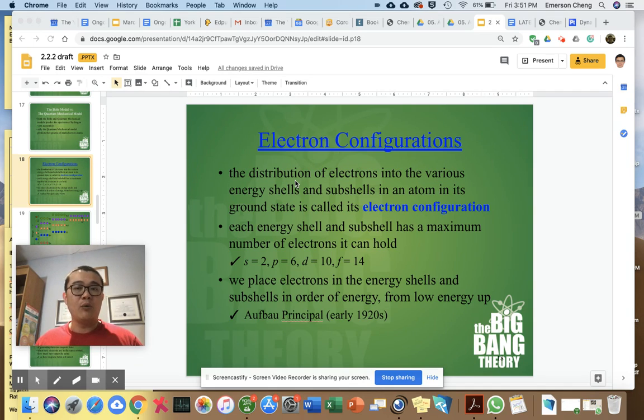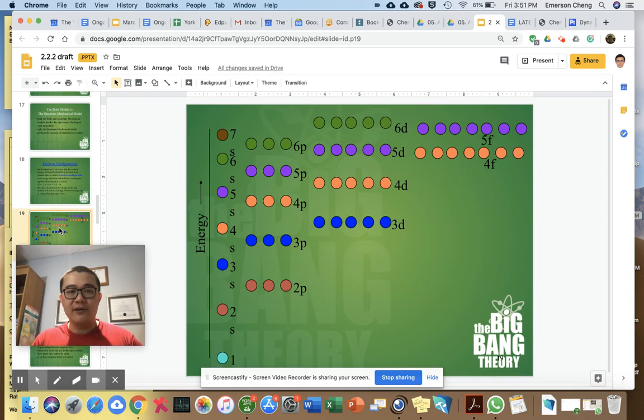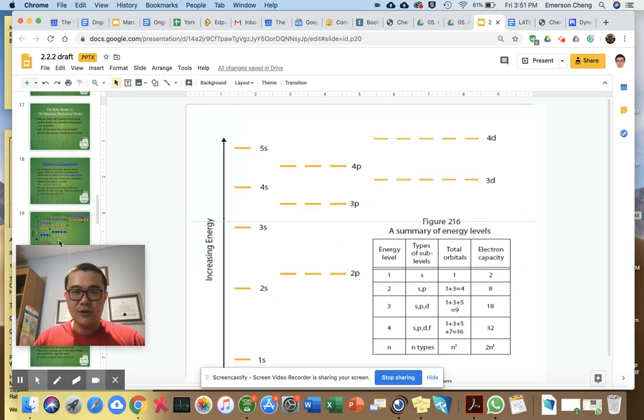So we're going to talk about where they are in the different orbitals. Just like earlier, you have different shells, and you also have different subshells.